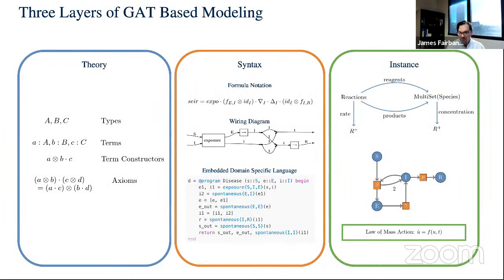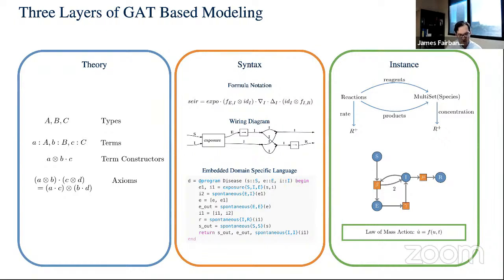So Catlab is a piece of software that implements this vision, and it does so in three layers. There's a theory layer, which is based on the idea of a generalized algebraic theory. These are equivalent to essentially algebraic theories, which you might be more familiar with. But generalized algebraic theories mirror the way mathematicians talk about mathematical objects and theories of these objects.